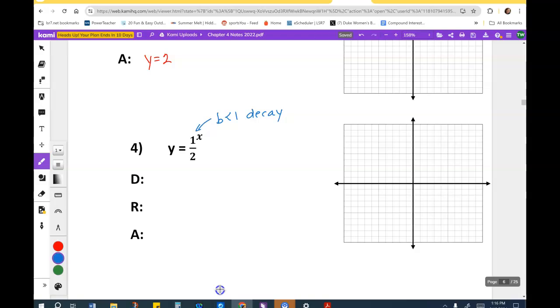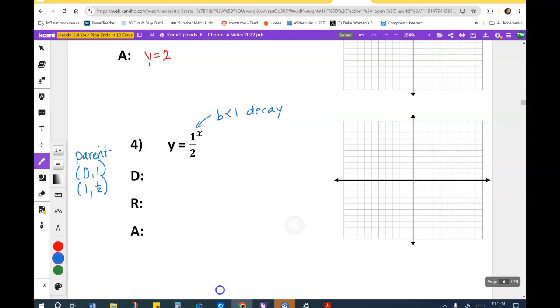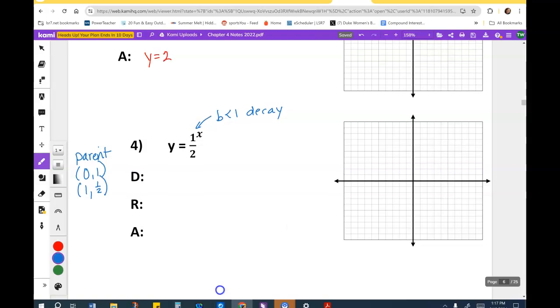Our parent function for this is (1/2)^x, so my parent ordered pairs are 0, 1, and 1, 1/2, or 0.5, you can do either way. So I have over 0, 1, and 1, 1/2.